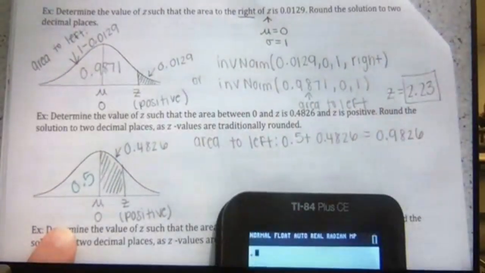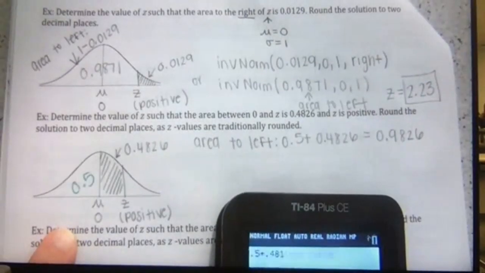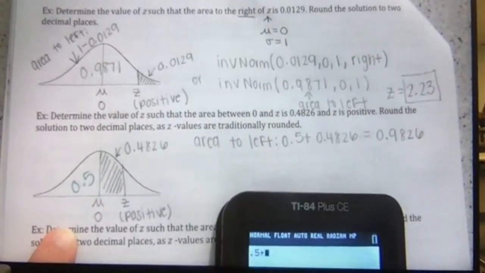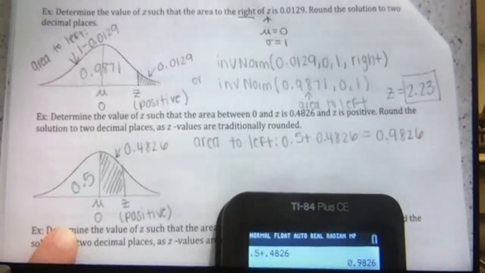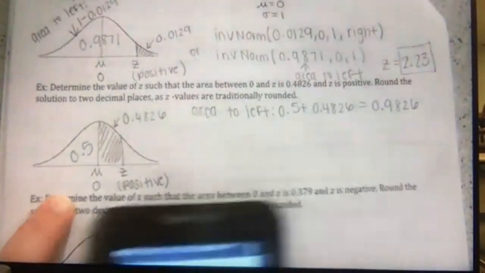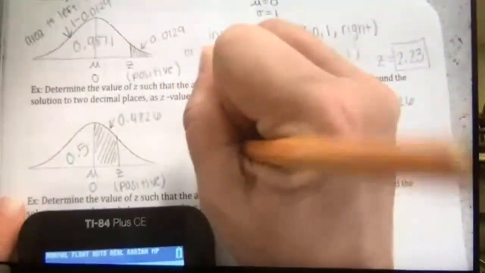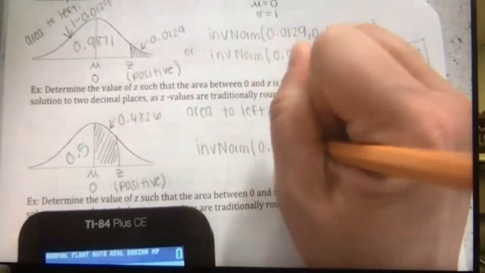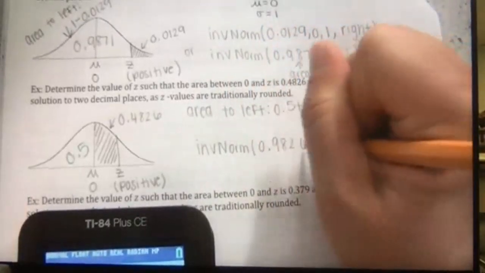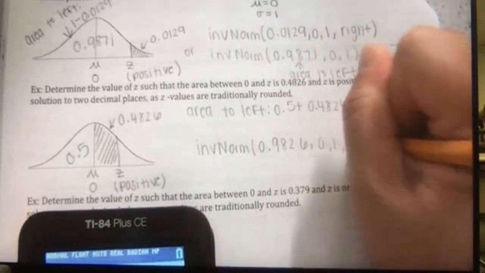So 0.5 plus 0.4826 gives us 0.9826. So now it's just like the rest of them that we did. Inverse norm. Our area to the left for everyone is 0.9826, comma 0, comma 1, area to the left.